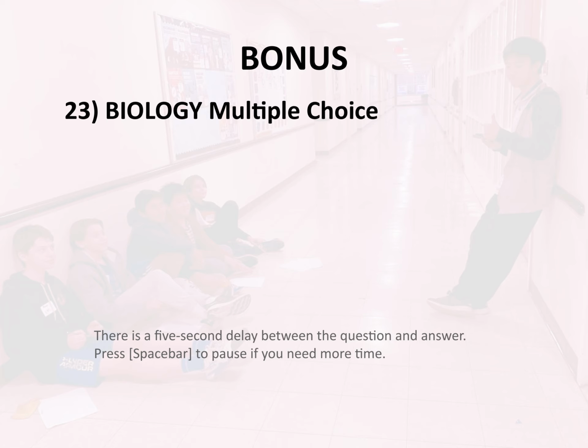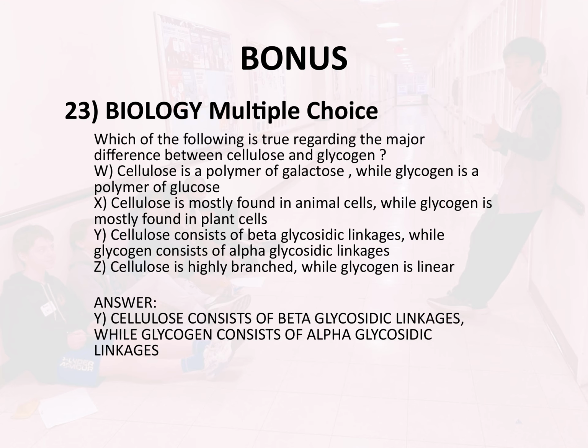Y. Cellulose consists of beta-glycosidic linkages, while glycogen consists of alpha-glycosidic linkages. Z. Cellulose is highly branched, while glycogen is linear. Answer. Y. Cellulose consists of beta-glycosidic linkages, while glycogen consists of alpha-glycosidic linkages.